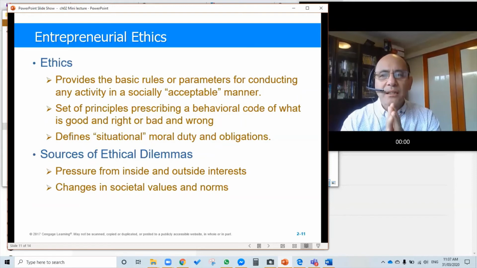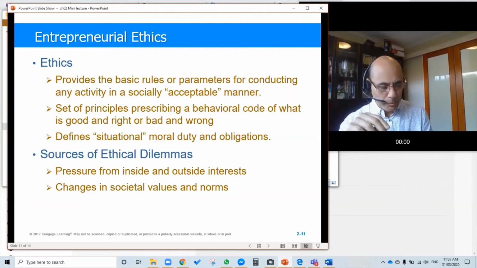That's a great example of a dilemma that you might face as a doctor. I'm not trying to tell you one option is better than the other. I'm just explaining that these are some of the dilemmas that might be faced by a person or an entrepreneur.